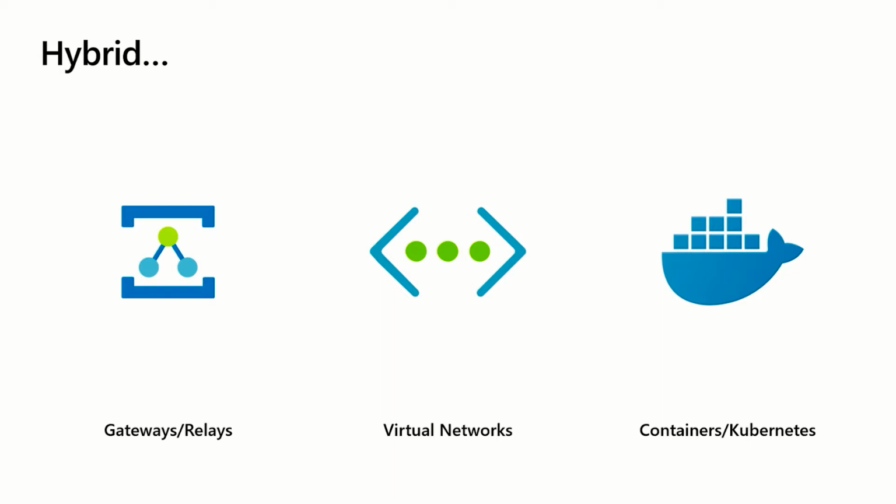You already have the ability to connect to on-premises using things like gateways and relays with the on-premise data gateway, I should be clear, which is a type of relay using logic apps. Both API Management Premium and Logic Apps Integration Service Environment allow you to connect using virtual networks, but the ability to also deploy versions of these services using Docker containers is something that hopefully you've seen from this session. It will be a feature that's available soon.